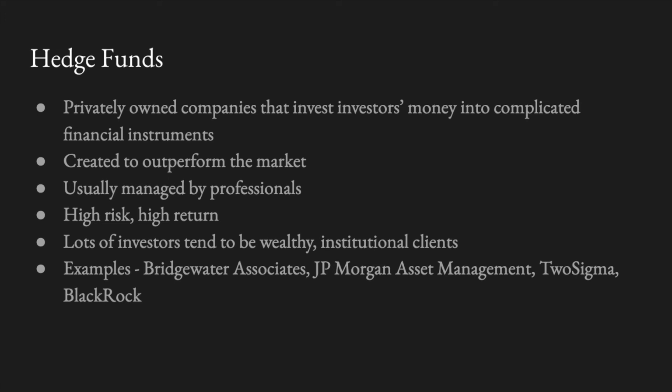Just look at the examples: Bridgewater Associates, JP Morgan Asset Management, Two Sigma, and BlackRock. All these companies and all hedge funds are marketed specifically towards wealthier clientele. Hedge funds tend to be run by Wall Street professionals, and are created mainly to outperform the market.